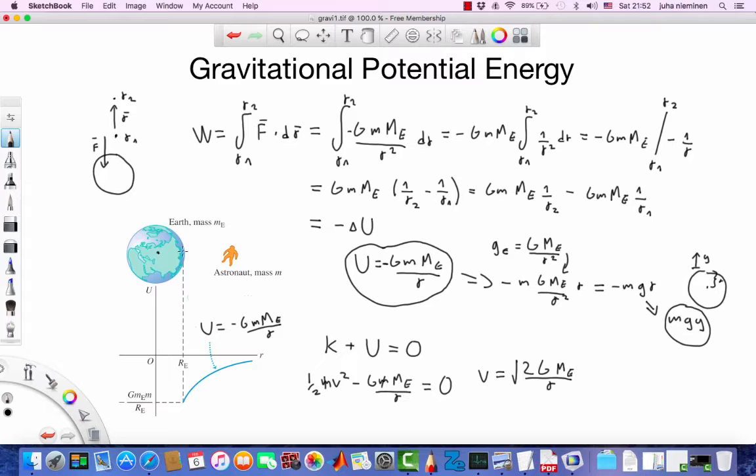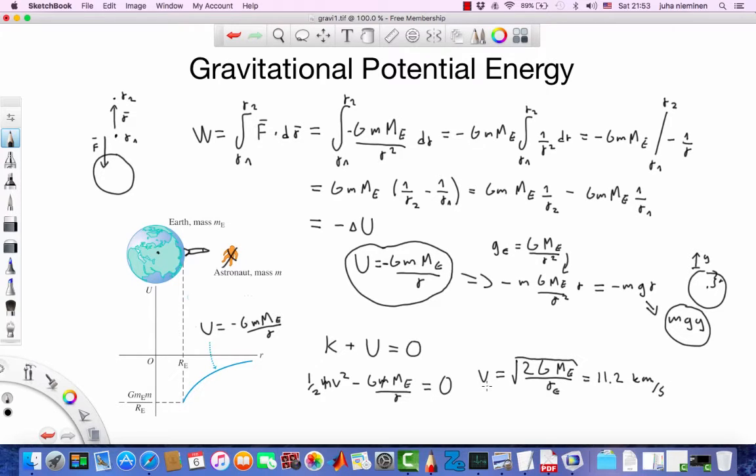And let's say that we are on the surface of the Earth, not here, but our rocket is waiting to be launched from there. So we have to escape from the distance of radius of Earth. If we put in the numbers that we learned from gravitational constants and mass of the Earth, we get about 11.2 kilometers per second.